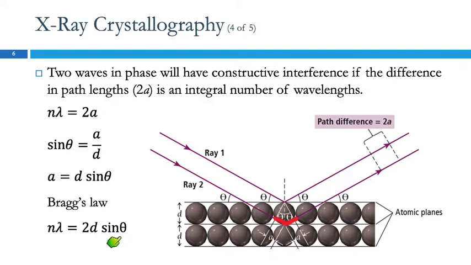And by looking at that angle, they can determine the distance between the atoms. So this whole calculation here is just a bunch of geometry, really. But this is Bragg's law, and you may need that for some homework problems.